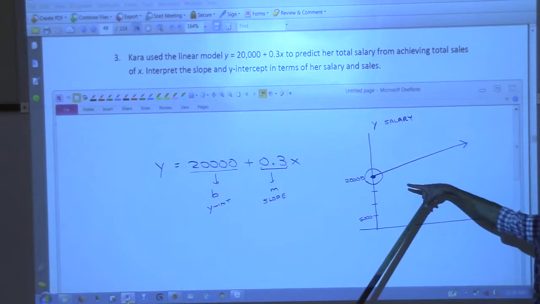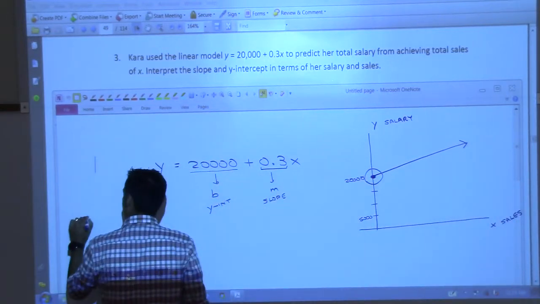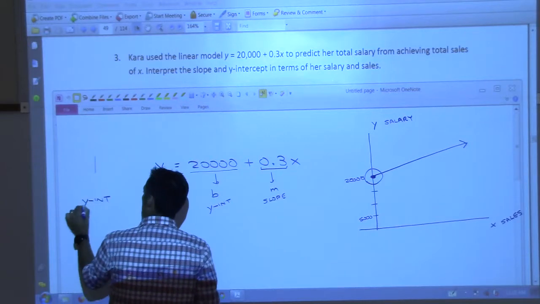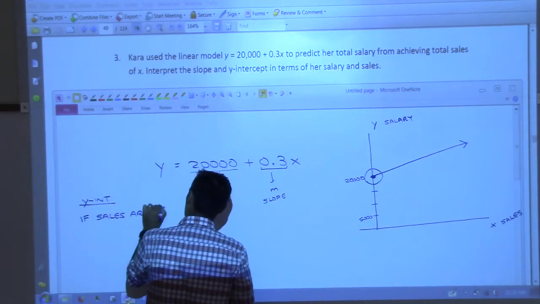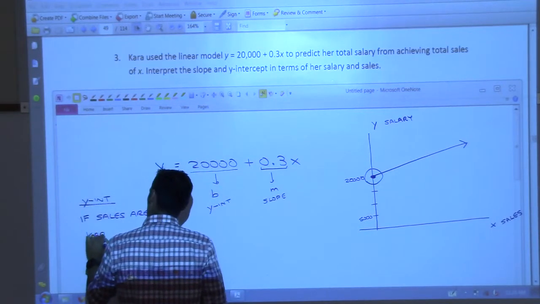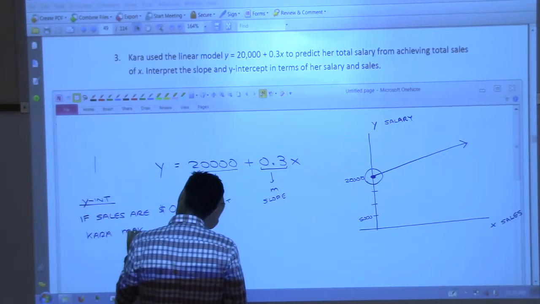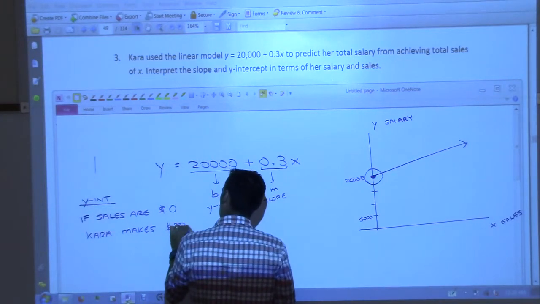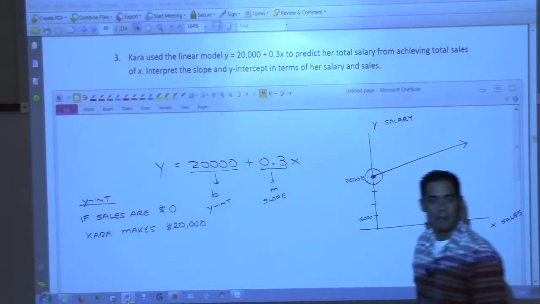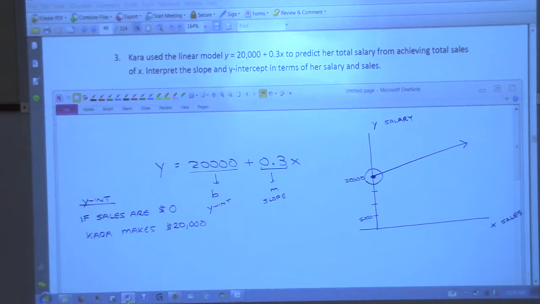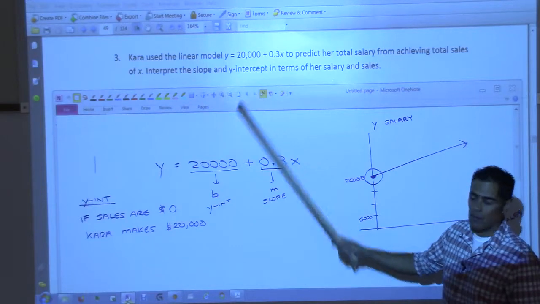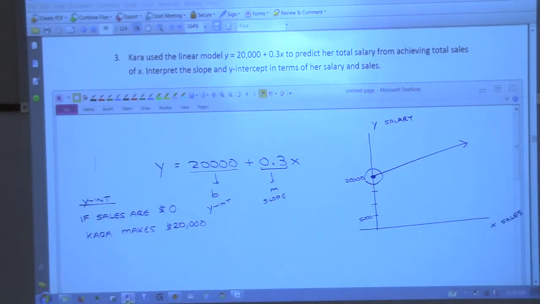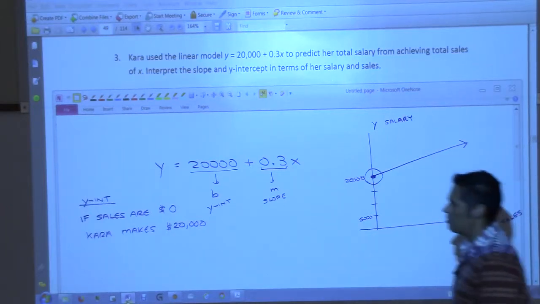So the y-intercept of 20,000 means, if sales are $0, Kara makes $20,000. That's what that's saying. She goes in, doesn't sell anything, she makes 20,000. So we have in some way interpreted what that y-intercept means, right? Now, what about the slope? This is a little weird. How are you going to interpret the slope?